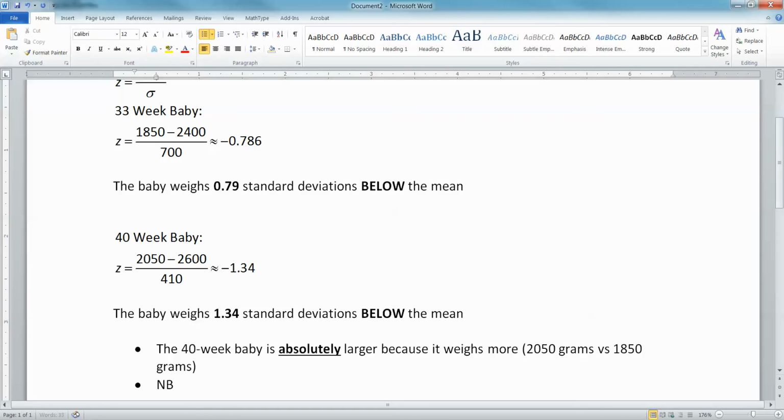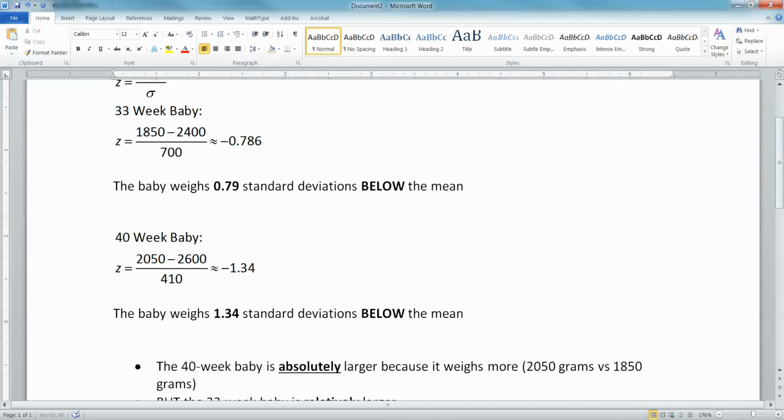But the 33-week baby is relatively larger. They're both small, by the way. I don't know if you noticed that, right? That's another thing to mention. So I'm going to make some notes here.